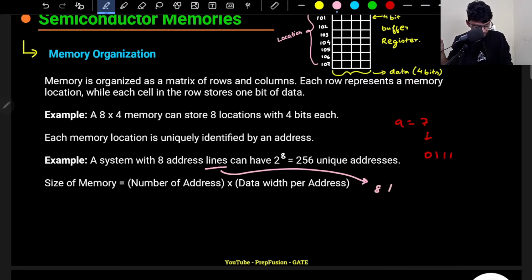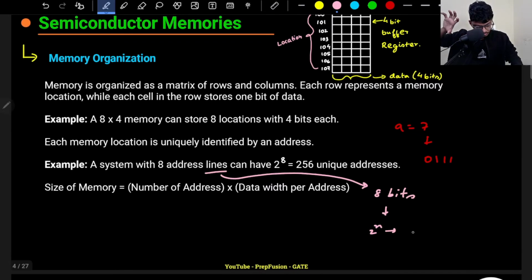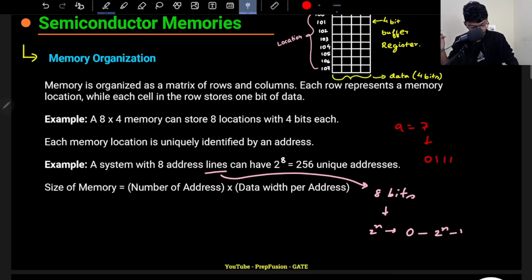This I have taught in COA, so I will just explain with the bits. If a particular architecture has n address bits, how many unique addresses will I get? It will be 2 raised to power n, because my range, starting from 0, will go from 0 to 2 raised to power n minus 1. Total addresses defined here are 2 raised to power n.